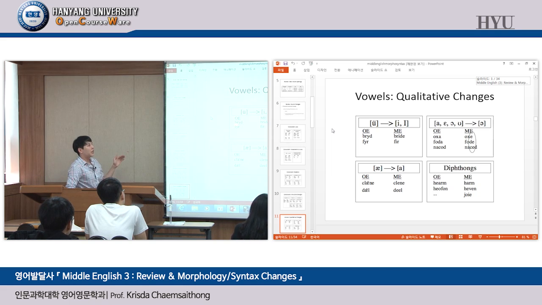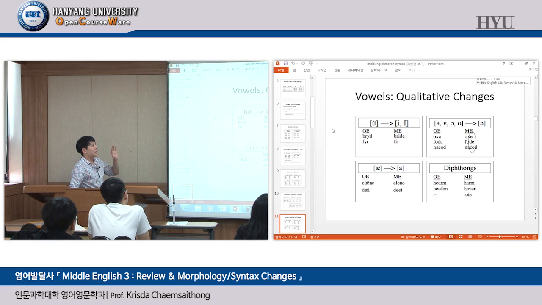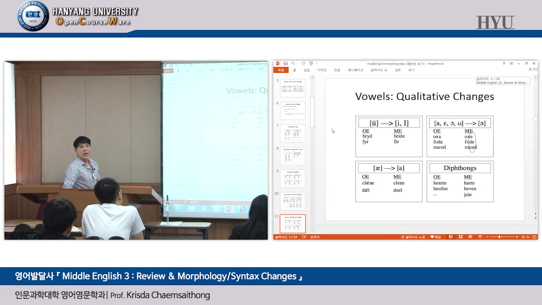So the rounded nature is gone, so the rounding is gone. So we just pronounce it with an I, so unrounded, just spread. So the rounding is gone in this case, right? And then we spell it with a lowercase I instead of a Y because the rounding is gone.